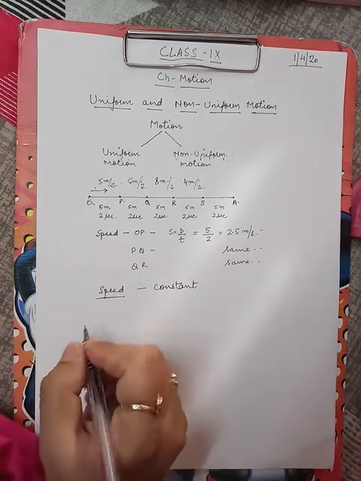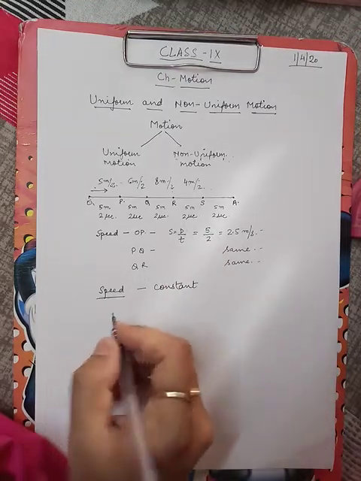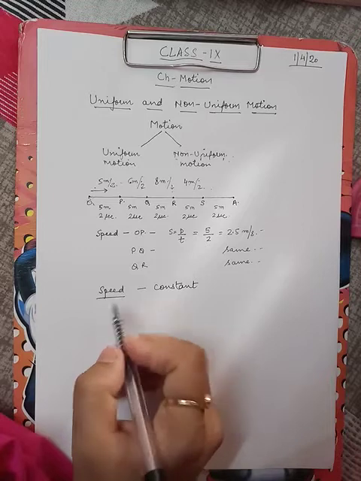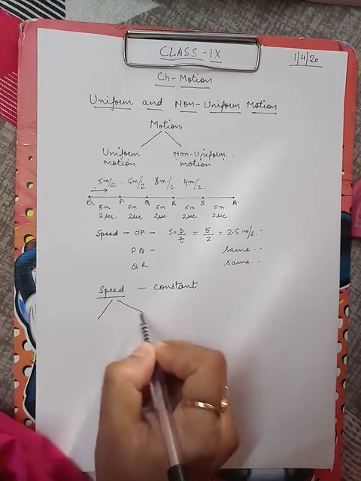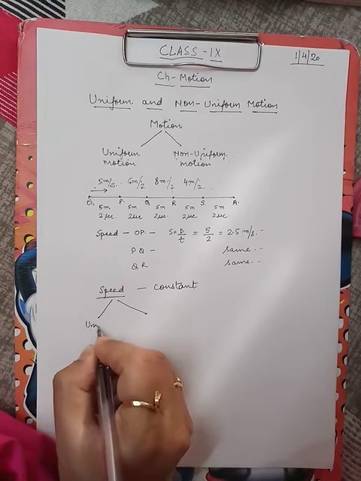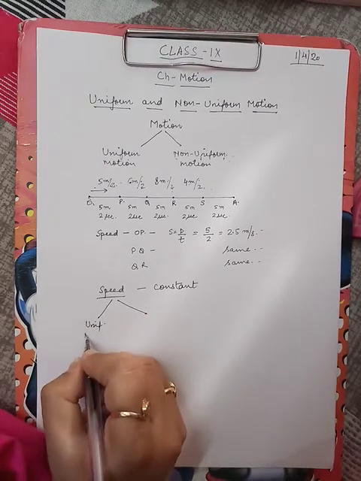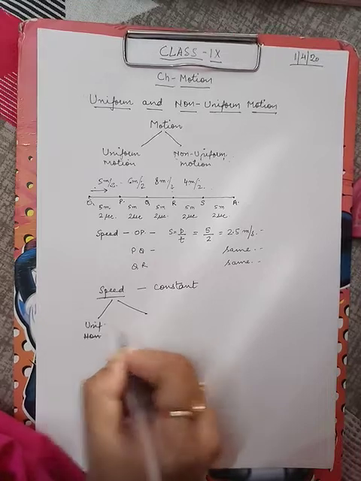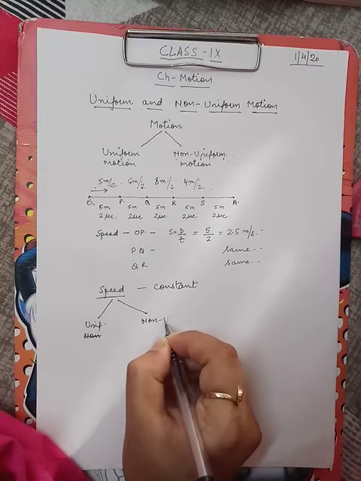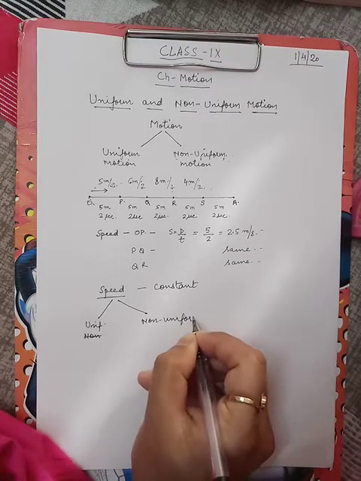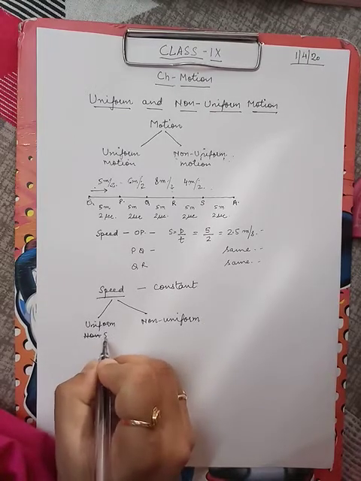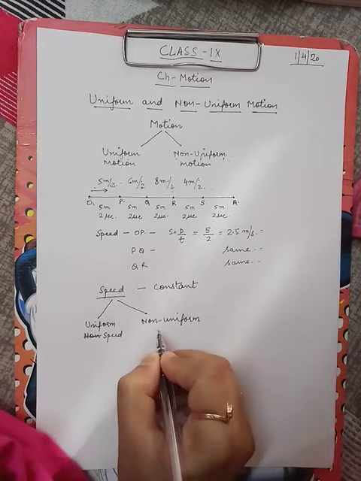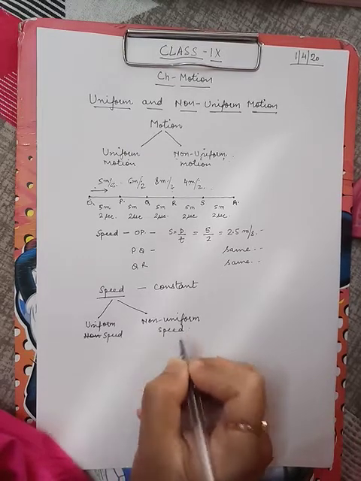Let's talk about the types of speed also. How many types of speed can we have? In this manner, we can have two types of speed: uniform speed and non-uniform speed.